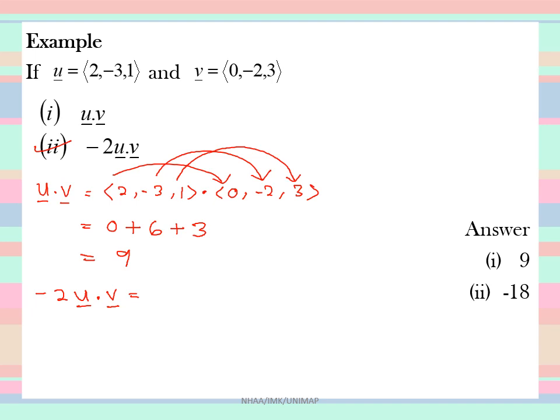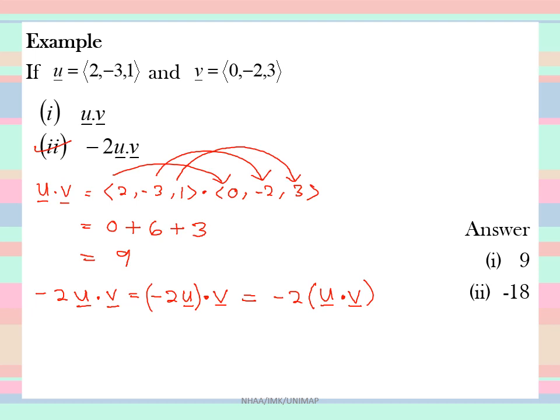You can solve minus 2 times vector u first and then dot product with v, or you can perform u dot v first and then multiply the answer with negative 2.